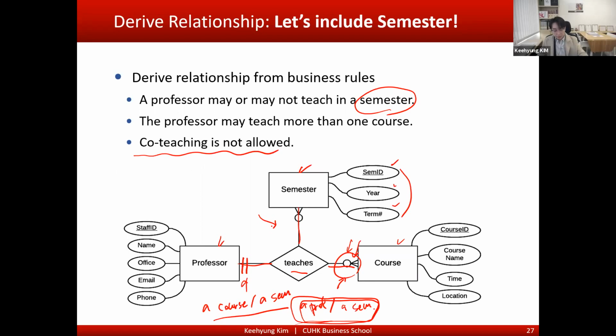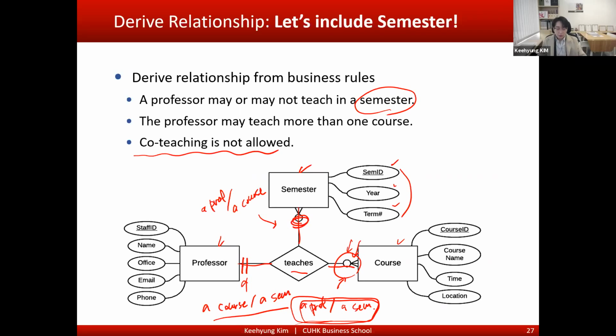And here you have to think from the professor's perspective, teaching a certain course. Let's just say that there is a professor teaching a course. How many times can he teach this course? If he's not teaching this course, that's possible. In that case, it's 0, right? He may teach another course.